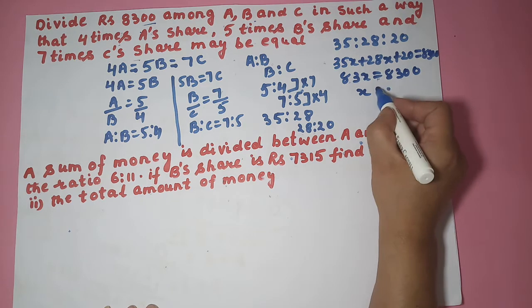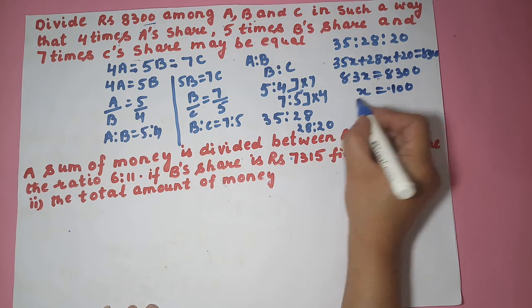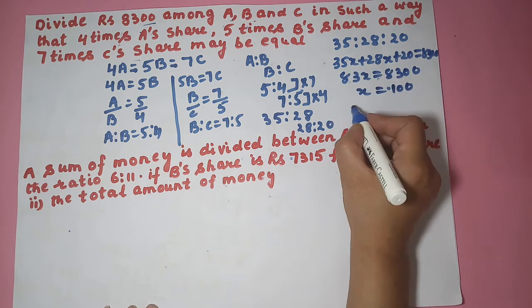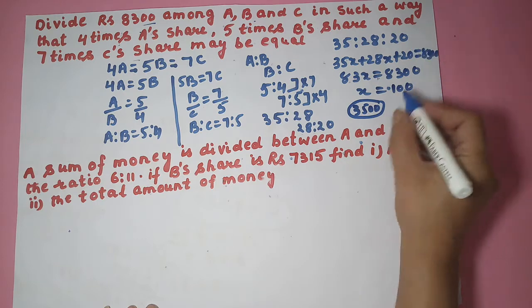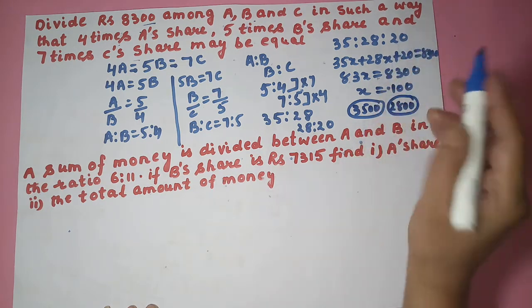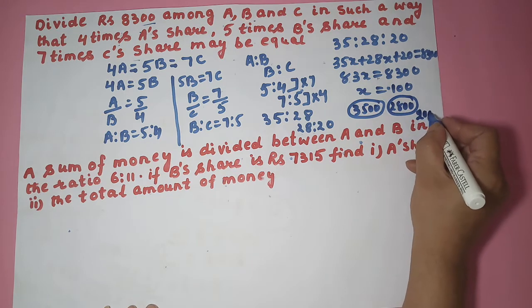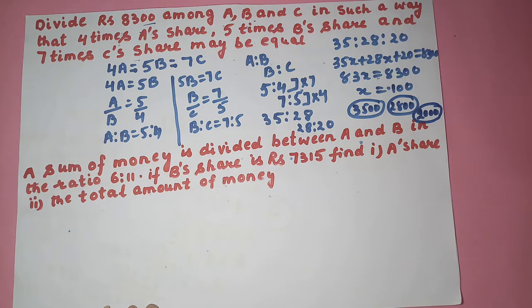Yeah. So x is 100. So what are my three parts now? My three parts are now 35x, that means 3500 is my first part. 28x, that means 2800 is my second part. And my third part is 2000, because 20 into 100 makes it 2000, right?